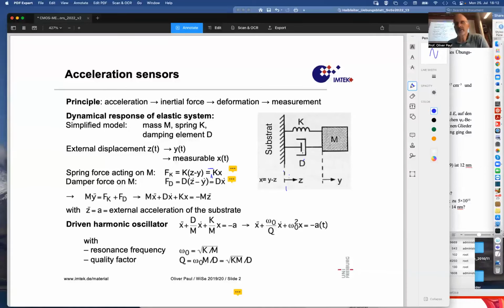The other element is the damper, which has the effect that if those two sides move at different speeds, there is also a force. You can imagine this as a pot of highly viscous material.